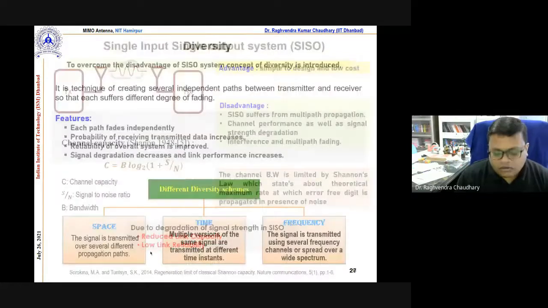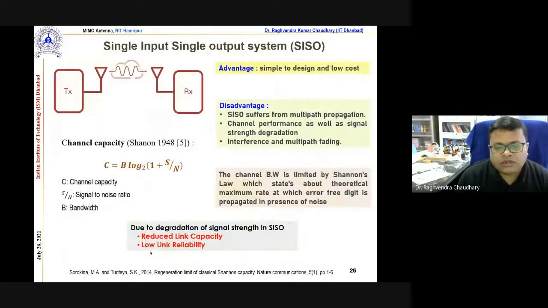Due to the degradation of signal strength, we have two major problems we already experienced: reduced link capacity and low link reliability. It means losing the signals all the time in our mobile, if you remember, and link capacity is also not continuous.